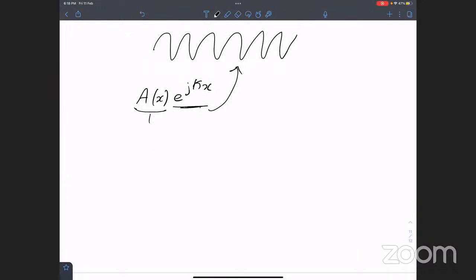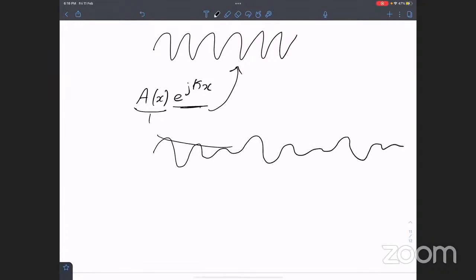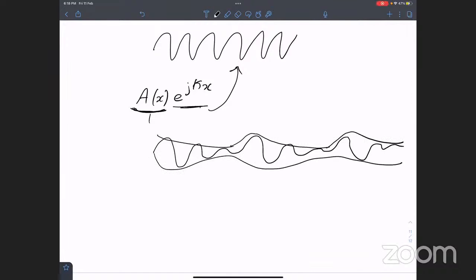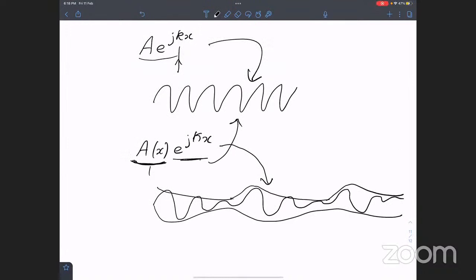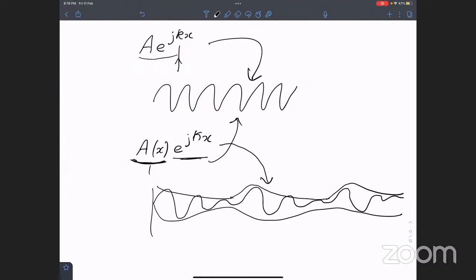So when you want to visualize this, it actually looks something like this. Imagine you have an envelope of your sine function that is changing as a function of distance. Okay, so the Bloch wave looks something like this. A plane wave looks something like this, and your Bloch wave has an envelope that is periodic, right?